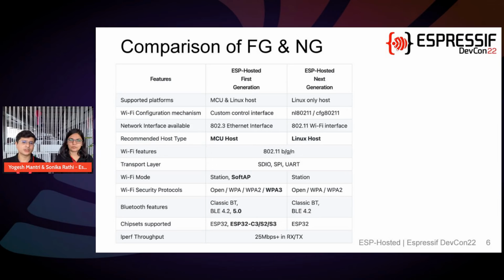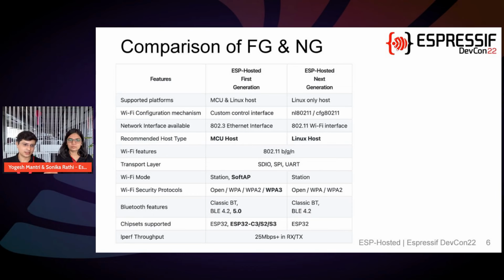In the network interfaces available, basically after inserting the module, these are the exposed types of interfaces we are talking about. In the first generation, we expose an 802.3 Ethernet interface. But in case of next generation, we expose the 802.11 Wi-Fi interface. Basically why? Because we want to configure it through CFG80211.